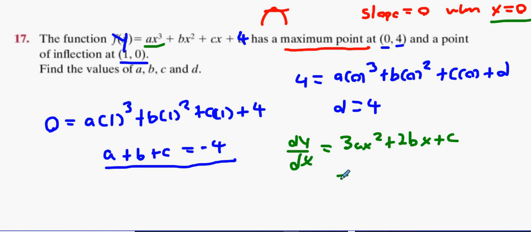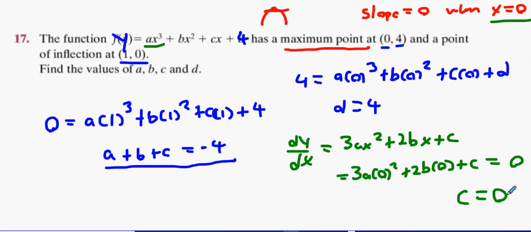So sub in x equals 0. And what's the slope when you sub in 0? What's that mean about our c value? C value is 0. That has consequences over here, where you now just pretend the c value doesn't exist.